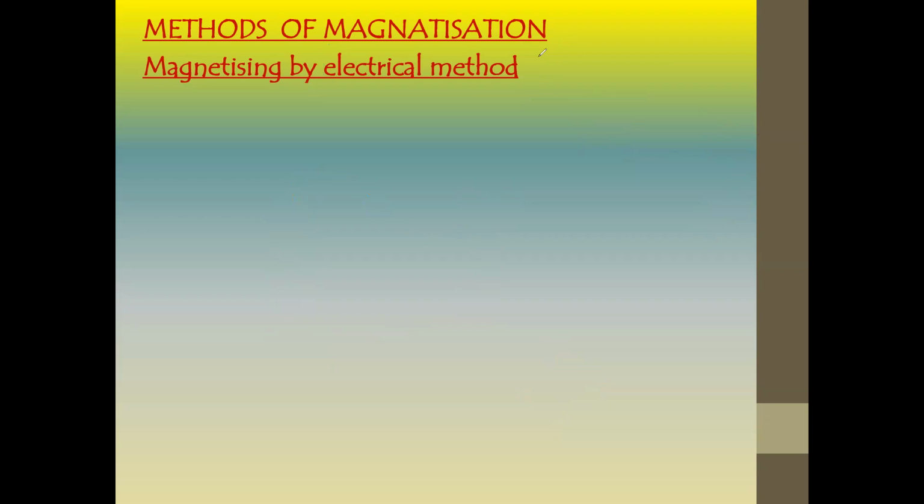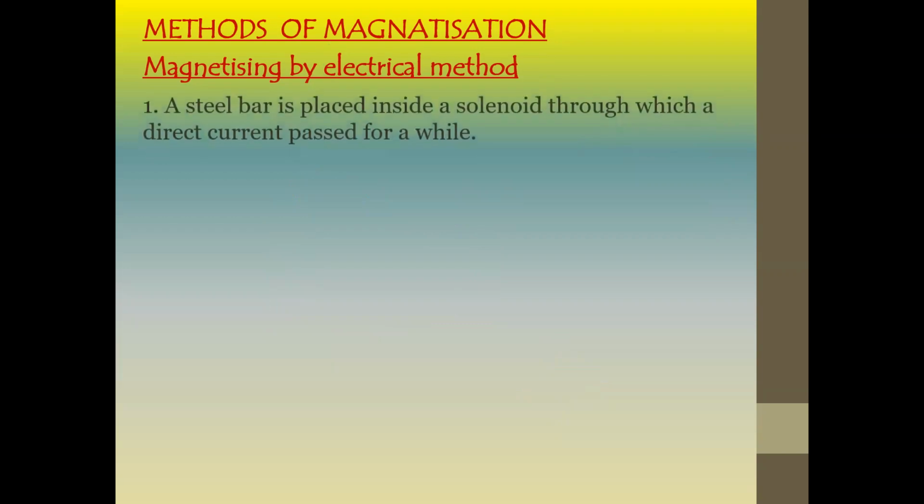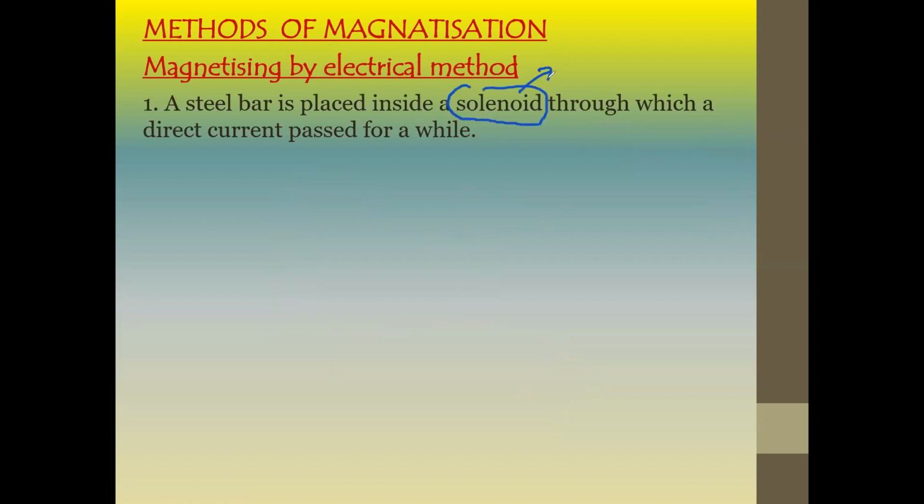In the electrical method, a steel bar is placed inside a solenoid. What is the meaning of solenoid? Solenoid means a coiled wire. So a steel bar is placed in a solenoid through which direct current is passing. What is the meaning of direct current?